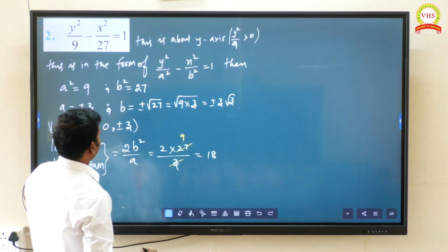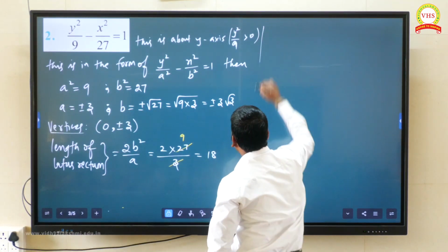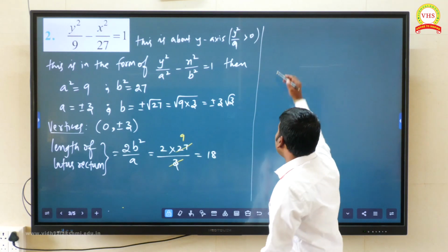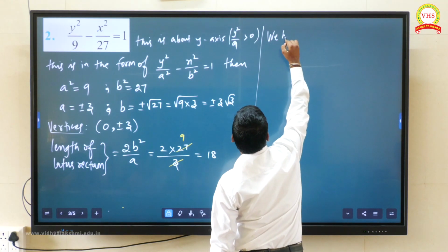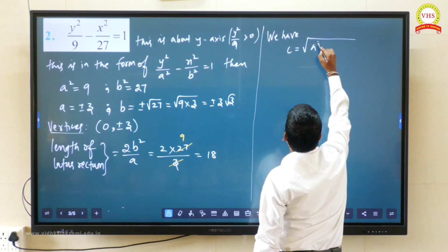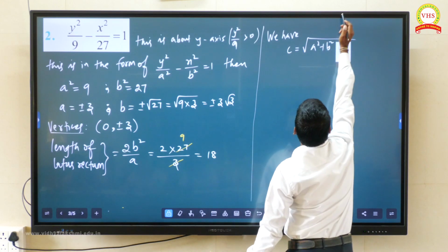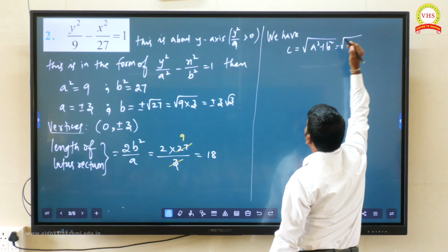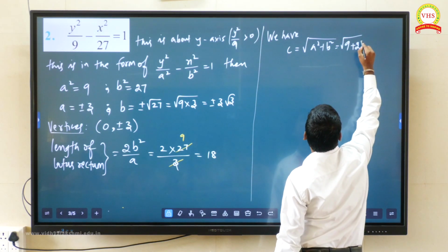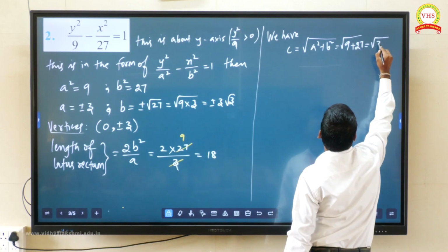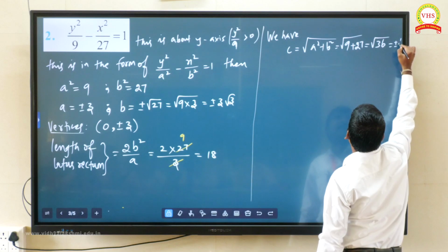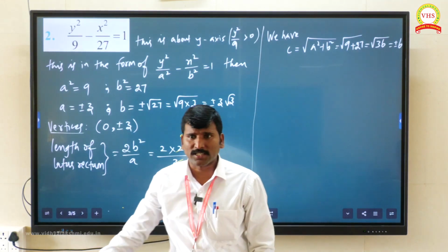Next we are going to find c, because before going to eccentricity or foci we need the c value, right? For the c value I'm using the formula c square equal to a square plus b square. What is my a square, children? a square is 9 and b square is 27. When you add both, what am I getting? 36, so c equals plus or minus 6. Is it understood, children?